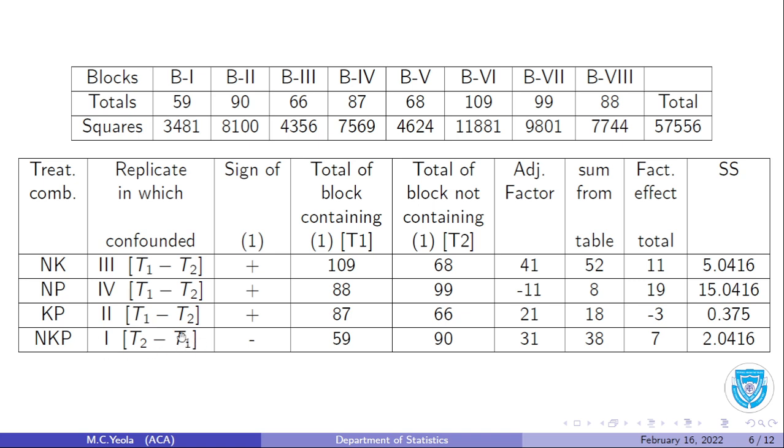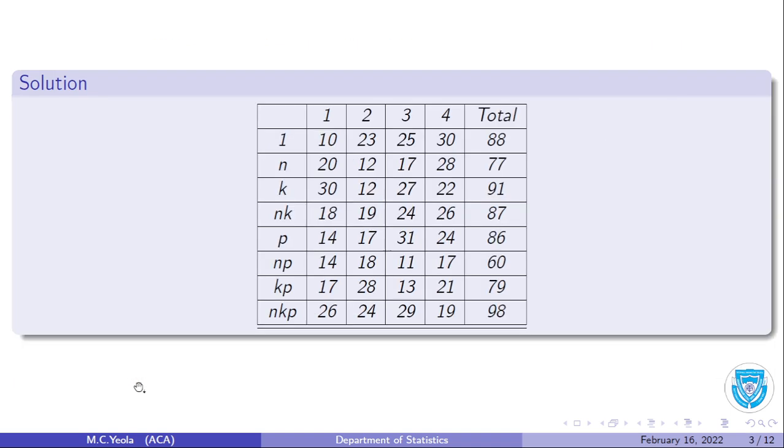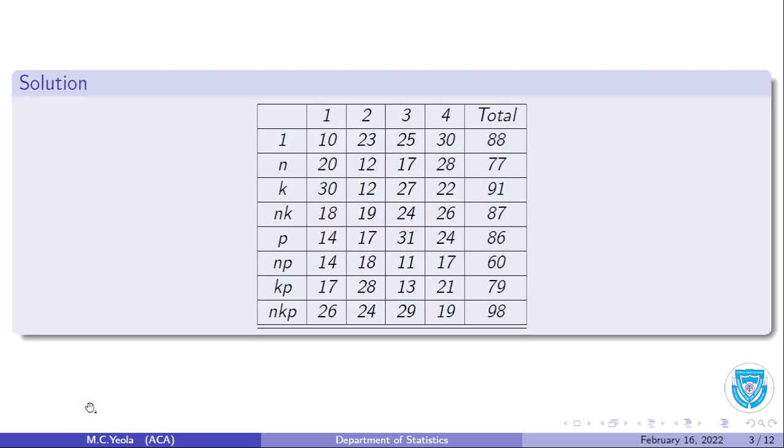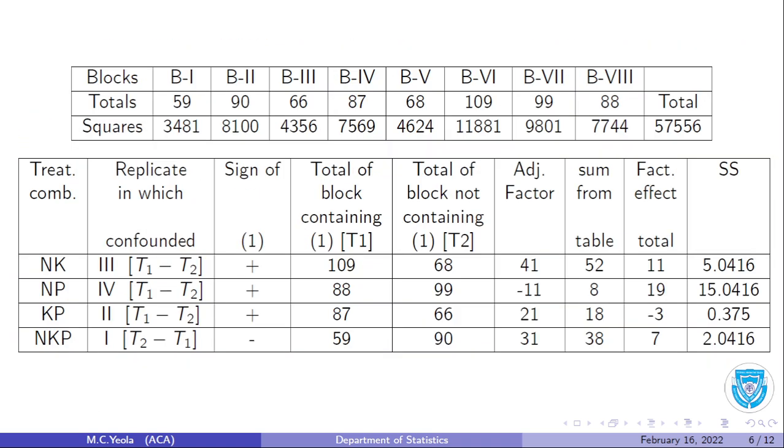So in that case we obtain T2 minus T1. And in replicate 2, other than 1, we have to observe KP, it's confounded here. NK and NP get confounded in the third and fourth replicate.